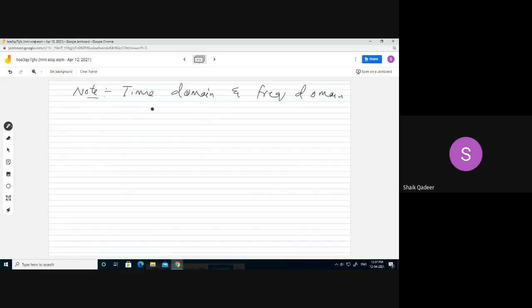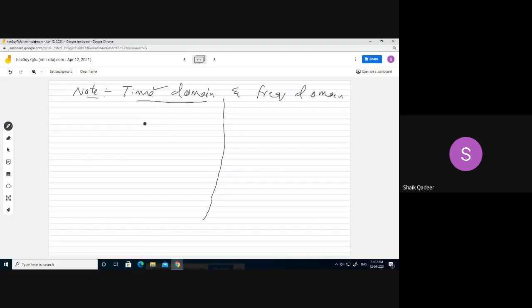In order to give you a picture of these domains, let me take the example of the world in which we are living. We are living in this world, the time domain. The things which we are able to observe are nothing but time domain.